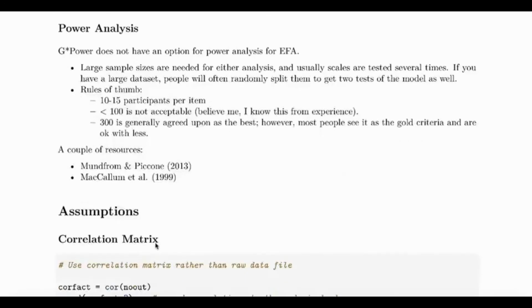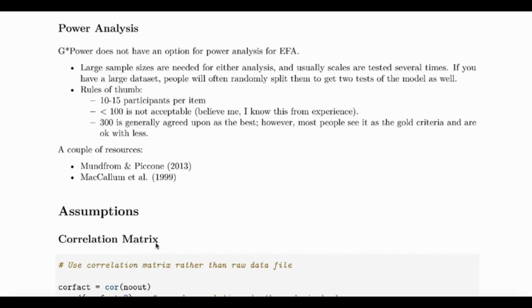So, power analysis. The option is not available in GPower for EFA. What's recommended is that you have a large sample size, and there are a couple of rules of thumb that I will go over. It's recommended you have 10 to 15 participants per item.